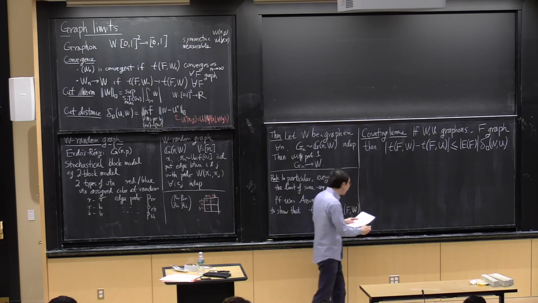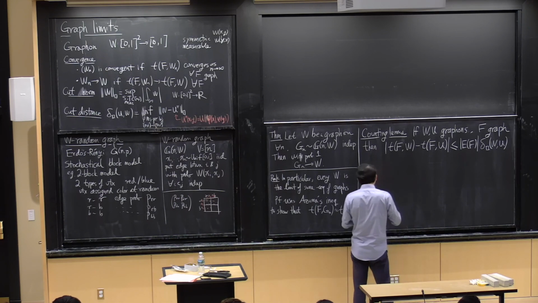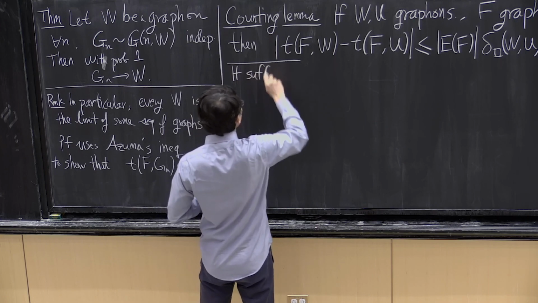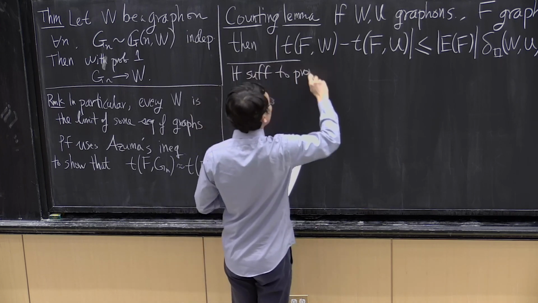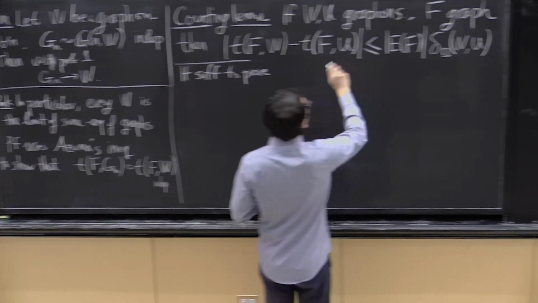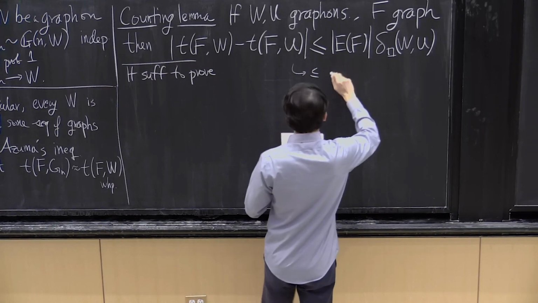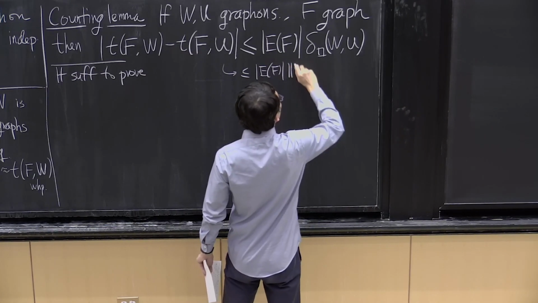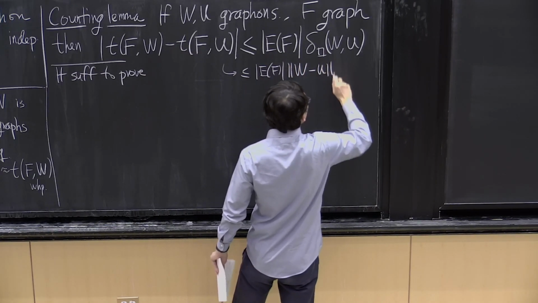So this is the same as the counting lemma over epsilon-regular pairs. Okay. So it suffices to prove the inequality where the right-hand side is replaced not by the cut distance, but by the cut norm.